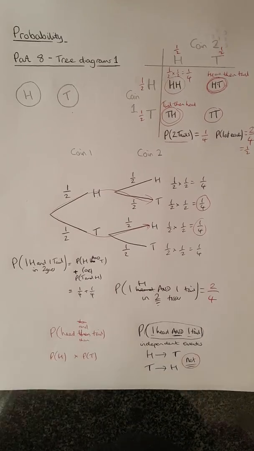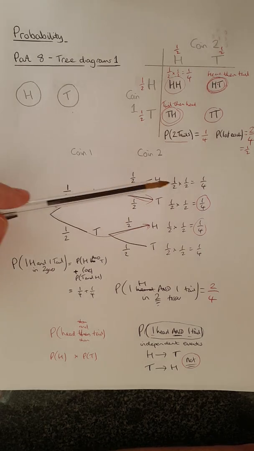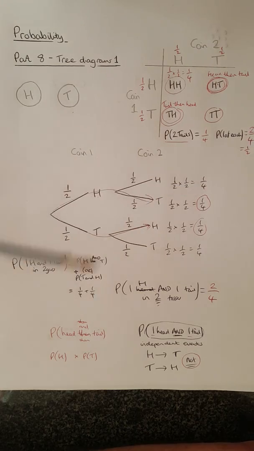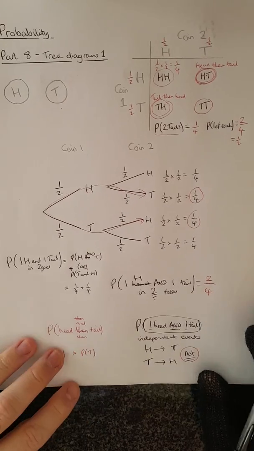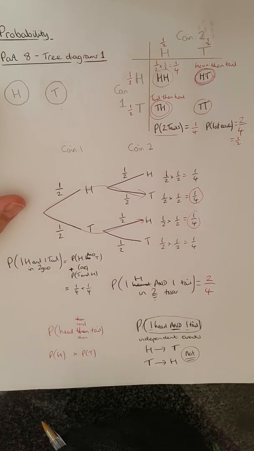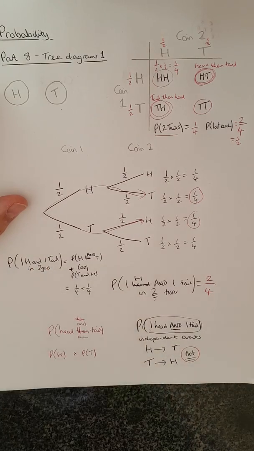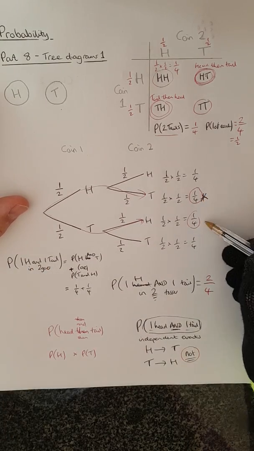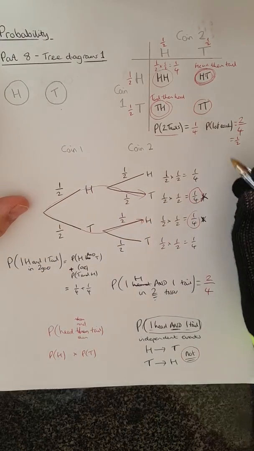So, what we've learnt in this part of the video so far: you write the probabilities on the branches. You multiply the branches to get the outcome. Then read what you were asked to find. So for example, the probability of one heads and one tails in 2 goes, and select all the branches that give you that answer.